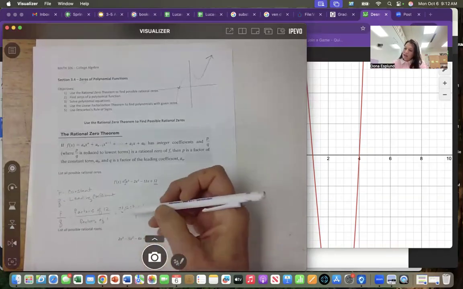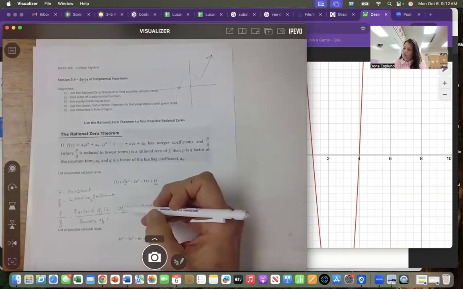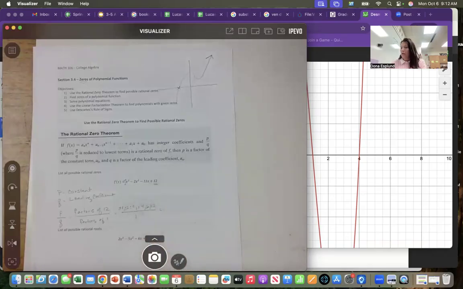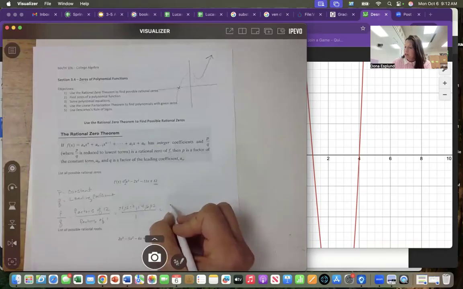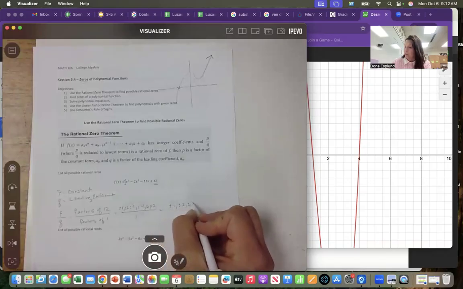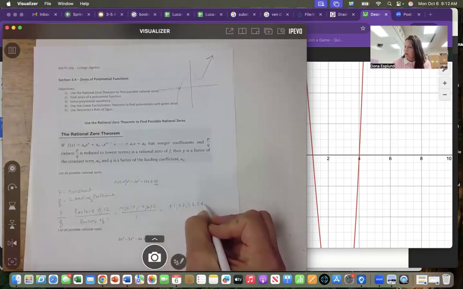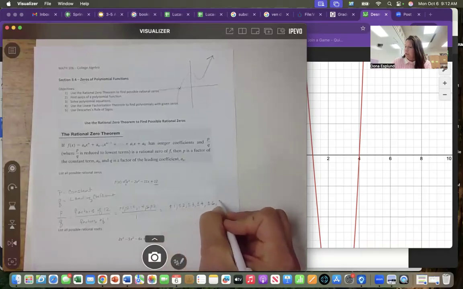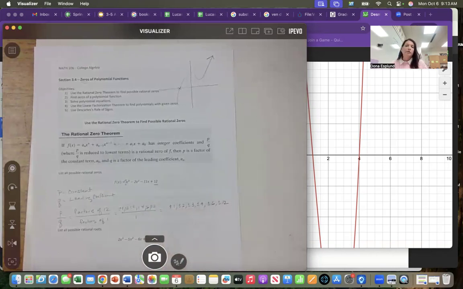In this case, I just have to go over 1, so if I list the factors of 12, I've gotten all of the possible rational roots. So it's plus or minus 1, plus or minus 2, plus or minus 3, plus or minus 4, plus or minus 6, and plus or minus 12 would be all of those possible rational roots.